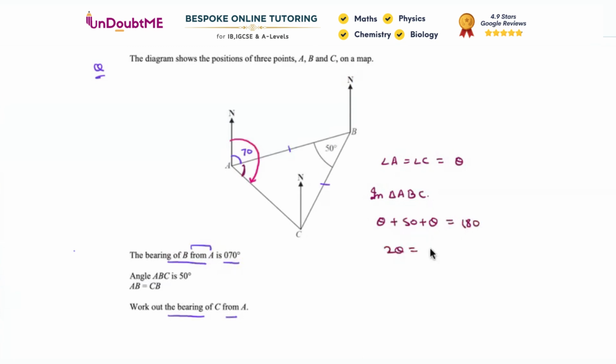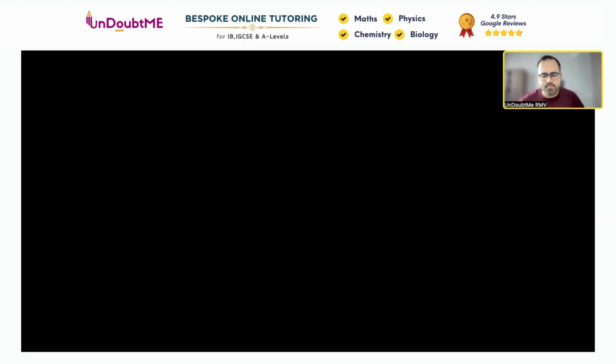And that will give me 2 theta is equal to 180 minus 50, that is 130. And that will give me theta is equal to 65. Now, if I want bearing of C from A, it means 70 plus 65. So the total angle will be 70 plus 65, and that will be 135.